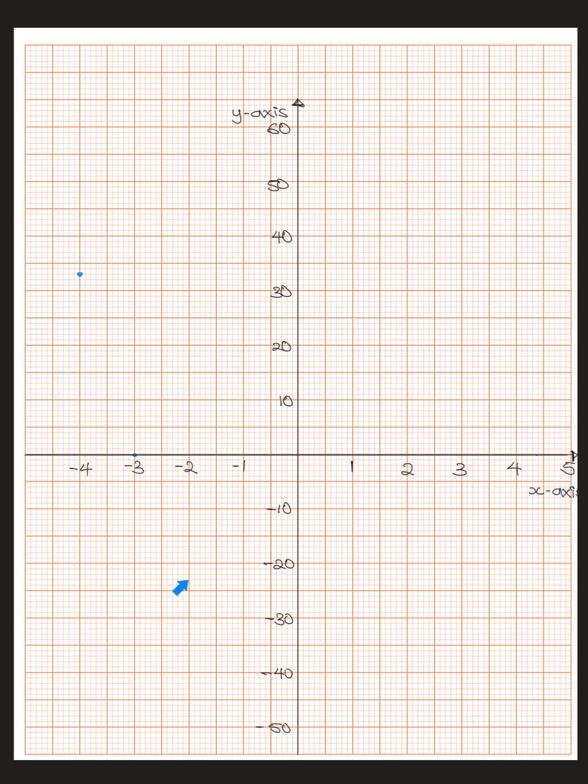That is this point here. When x is equal to minus 1, y is equal to minus 36. So that is 6 small boxes from minus 30 at this point here.